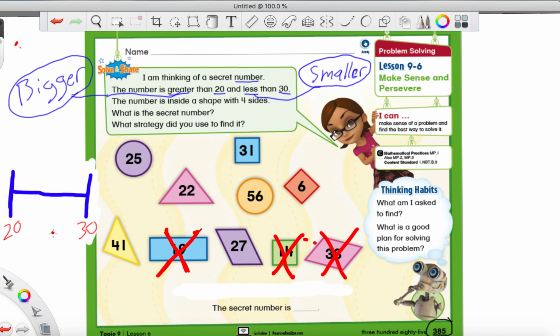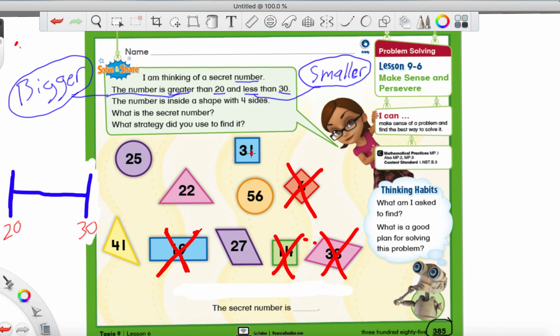So it's not bigger than 20. So we have to get rid of that one too. Okay, what about 25? Can we do anything with 25? You know what? 25 would still fit on this number line in between 20 and 30, so we're going to keep it. How about 22? Yeah, 22 would be in between 20 and 30, so we're going to keep that also.